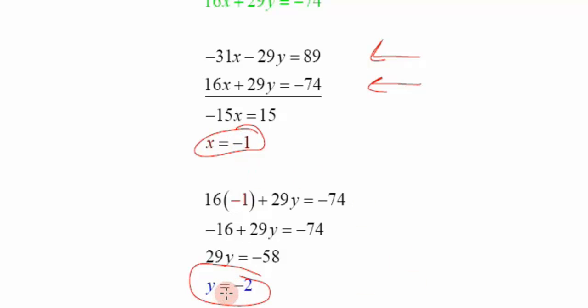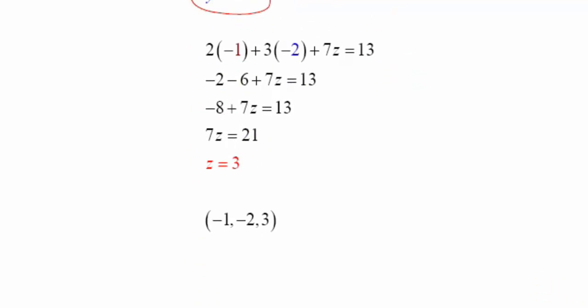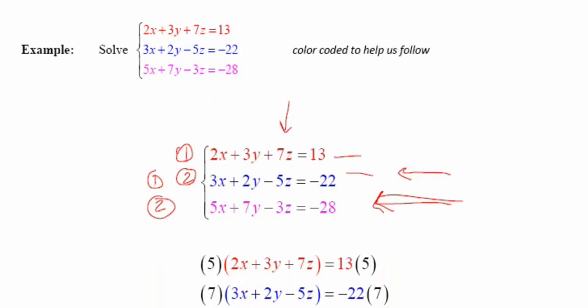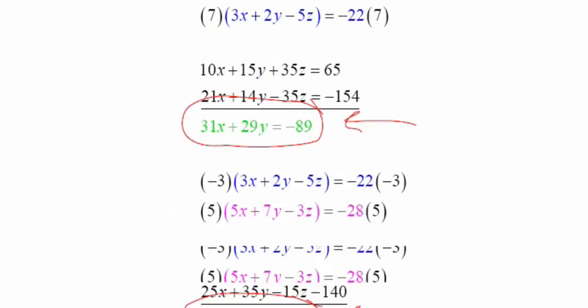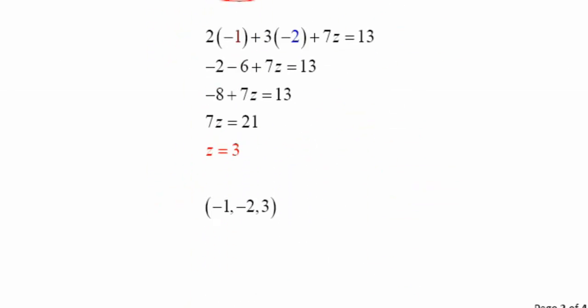Now I go back and put them into any one of the three equations where I had x, y, and z at the top. Here's x, y, and z. And that's just going all the way back to the beginning here. That's just the first equation, right? With the 13, 2x plus 3y plus 7z equals 13. I'm just putting in the x, the y that I found, into that one, and now I solve it down for z.